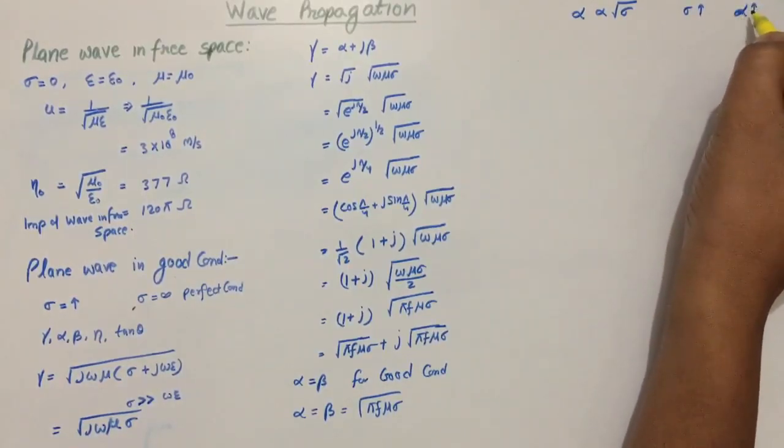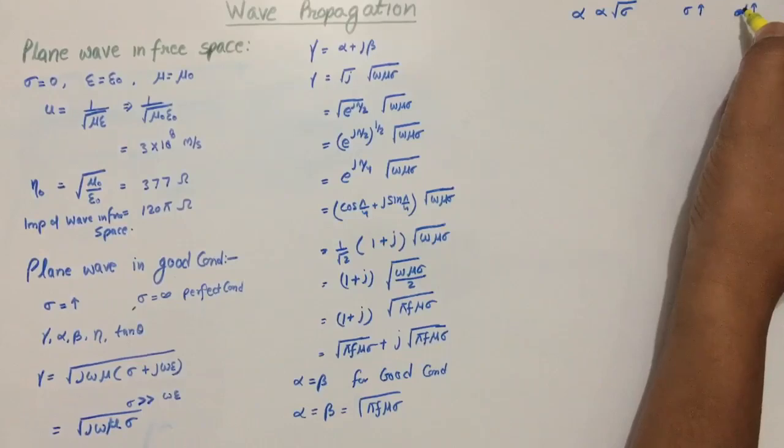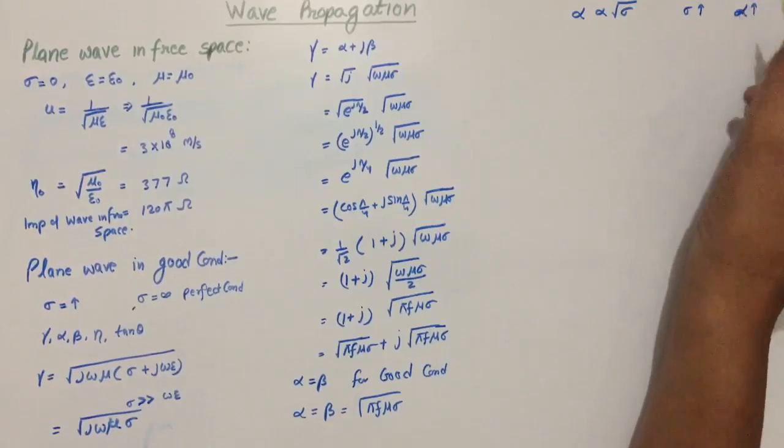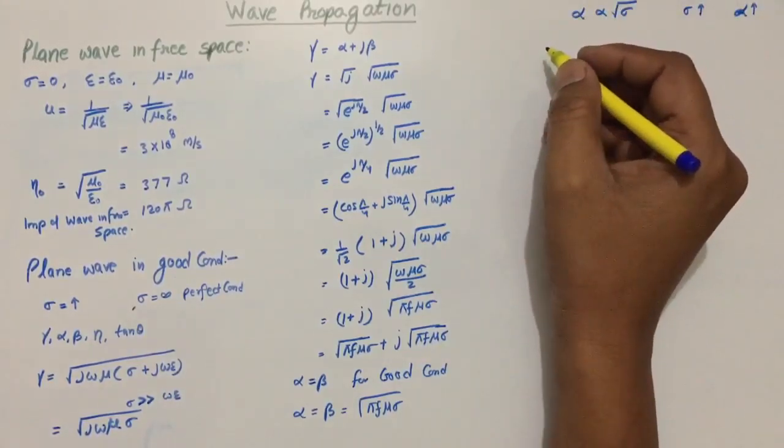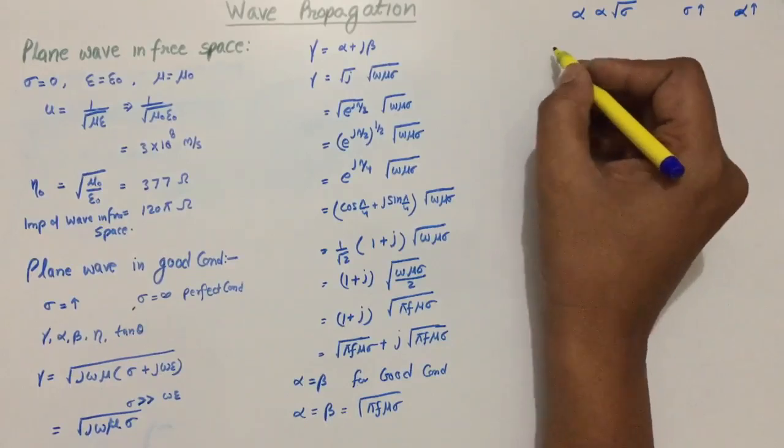Okay, and if alpha is very high, it means the attenuation constant is high, and if the attenuation constant is high, it means the wave amplitude will attenuate very quickly. So the more losses will be there. So we can say when a wave propagates in a good conductor, losses will be very high.